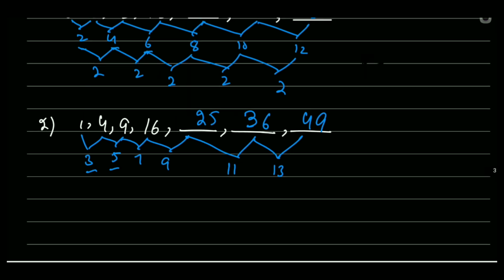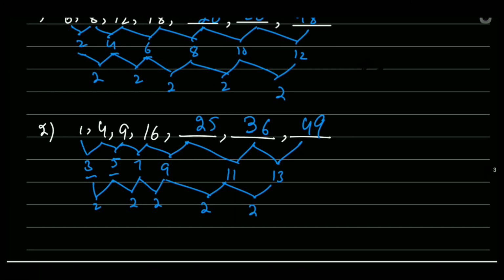So you can see here that the first difference is not the same. It's 3, 5, 7, 9, 11, 13. It means that this is not an arithmetic sequence. So now we will find the second difference. 5 minus 3 is 2, 7 minus 5 is 2, 9 minus 7 is 2, 11 minus 9 is 2, 13 minus 11 is 2.